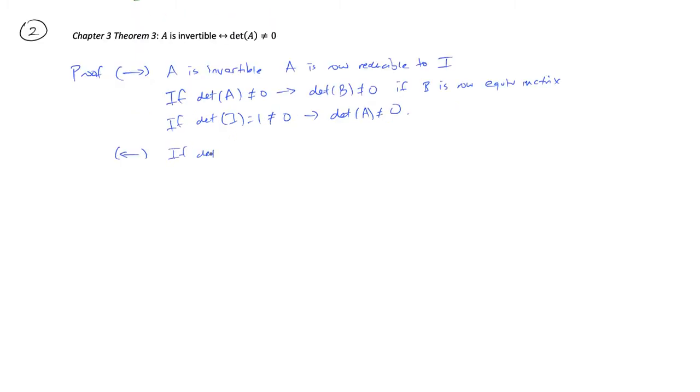So if the determinant of A is not 0, A cannot be row equivalent to a matrix with a row of zeros. Otherwise, it would have a 0 determinant.